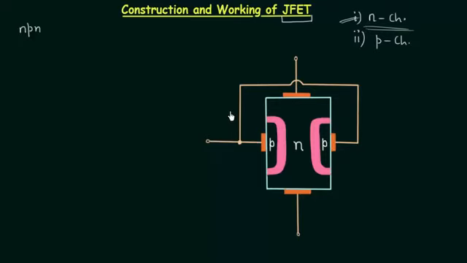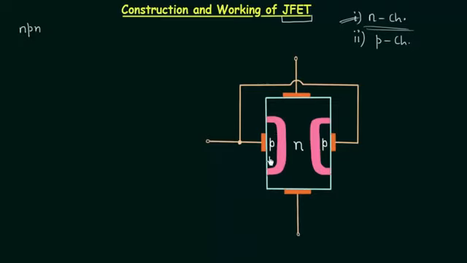You can see the construction of N-channel JFET on your screen, and the major part of the JFET structure is N-type material. It is forming a channel between two embedded P-type materials.